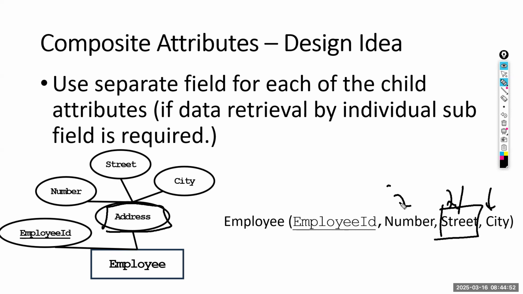But now we standardize our address: number, street, city, and so on. So then it's more searchable, easy to retrieve, more efficient to retrieve. Right? It's more data analysis friendly. So that is why we go for something like that. But again, it depends. If you are not interested in that kind of analysis, you can still go for address as one field. It depends on your future usages. But in general, we go for sub attributes.